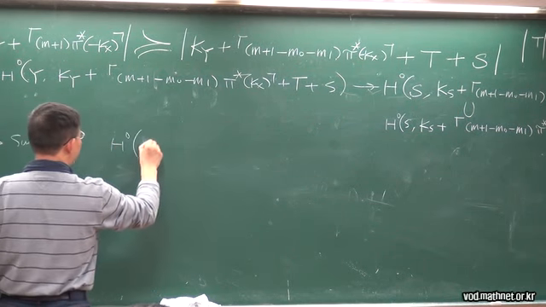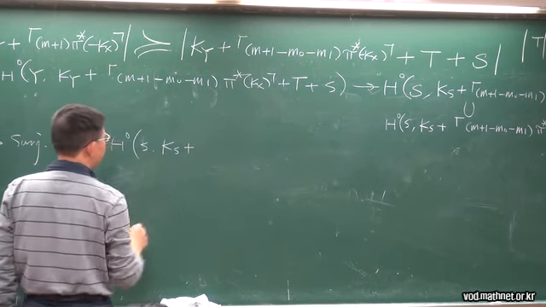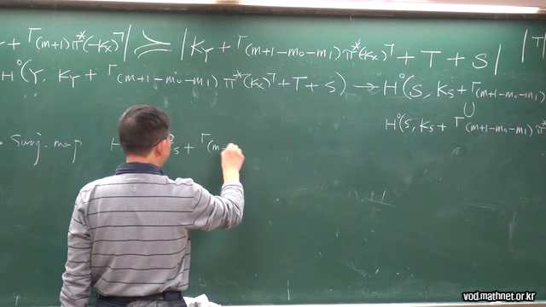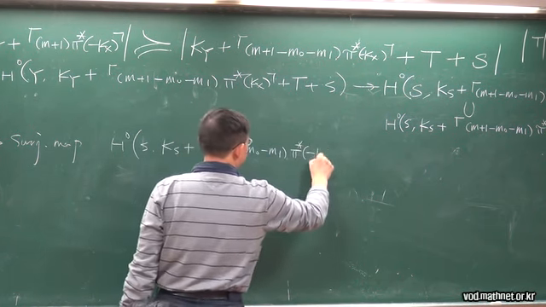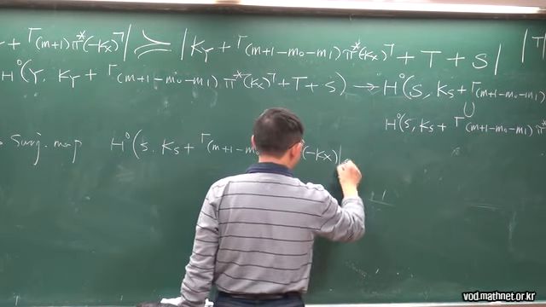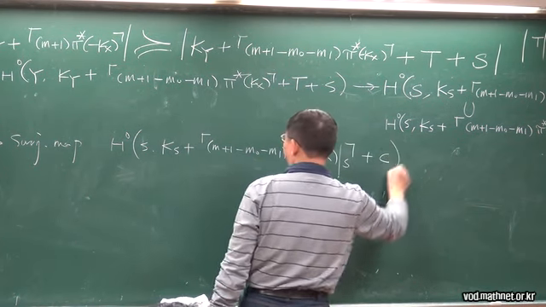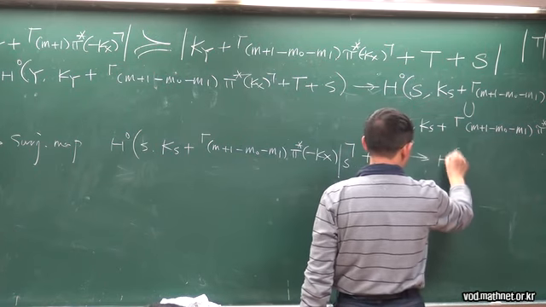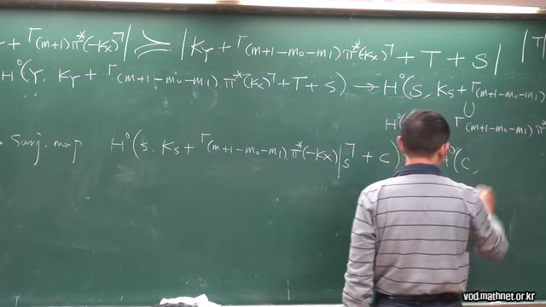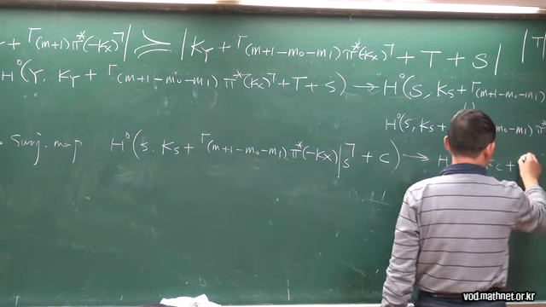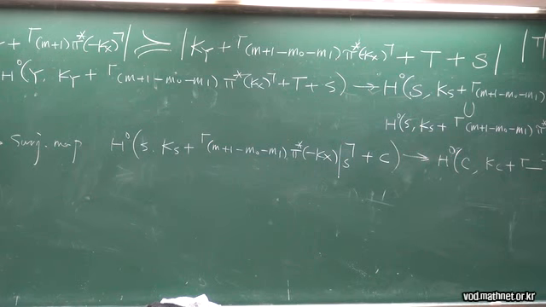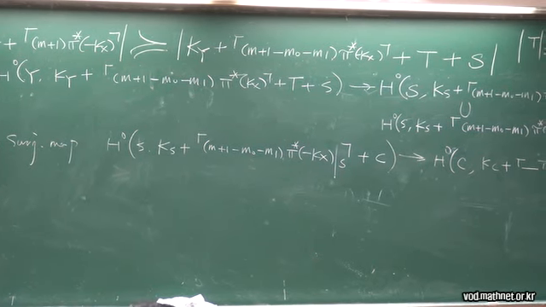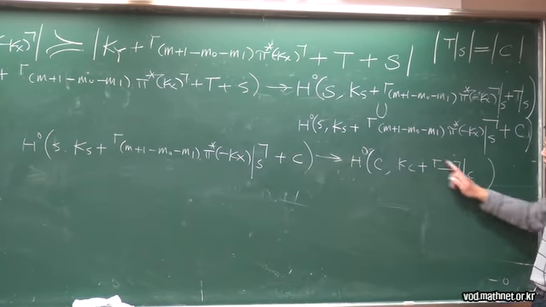H^0(S, K_S + ...), so this is (m + 1 - ...)π^*(-K_X) restricted to S plus C. So you restrict this onto C, a general curve C, then this is K_C plus the round-up restricted to C. Okay, so on a smooth curve C, you want to prove that this gives a birational map.